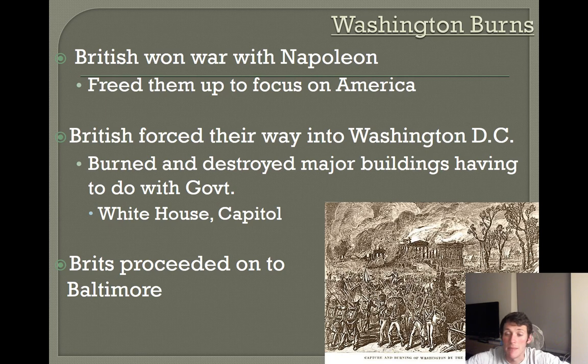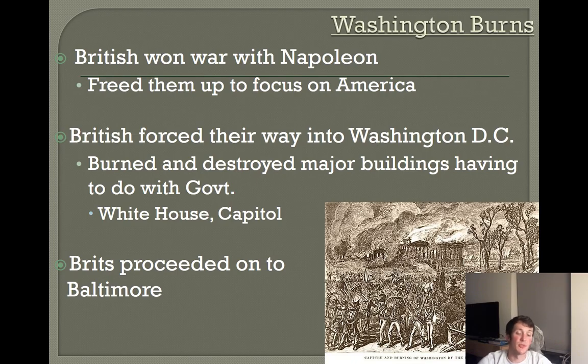Dolly Madison and her slaves are going to rescue a number of the artifacts from the White House, in particular the portrait of George Washington, and from D.C., where they lay waste to D.C., which is only saved by kind of a freak major rainstorm.